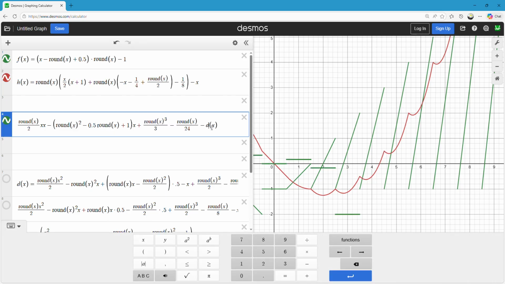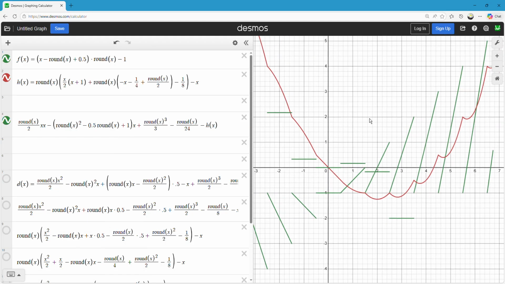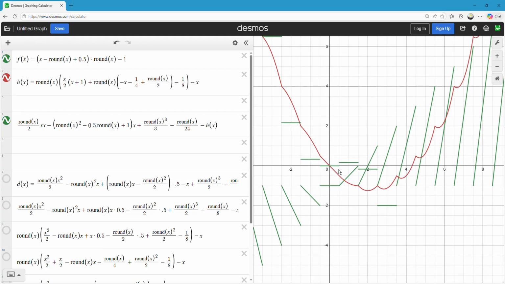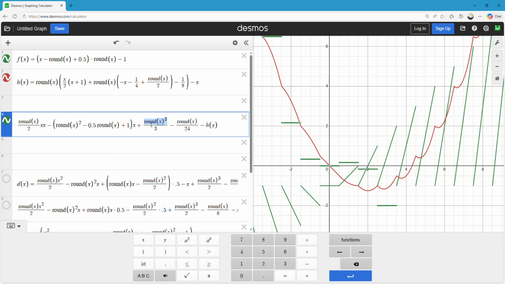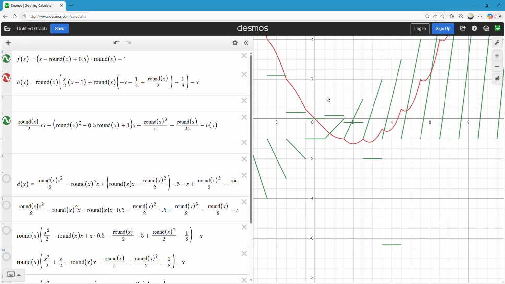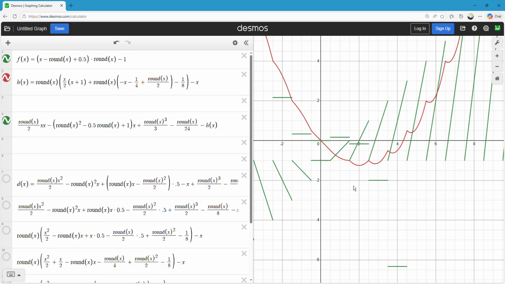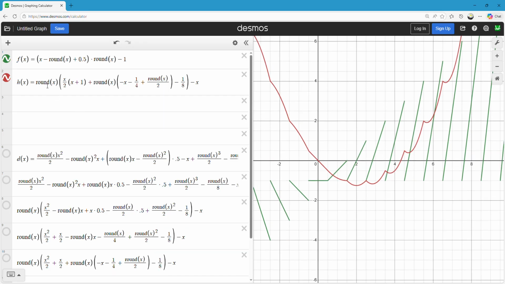Haven't used this in a while. Oh yeah. It's missing the square root of the round, which is not correct, which is why this is off-centered somewhere. Yeah. There you go.